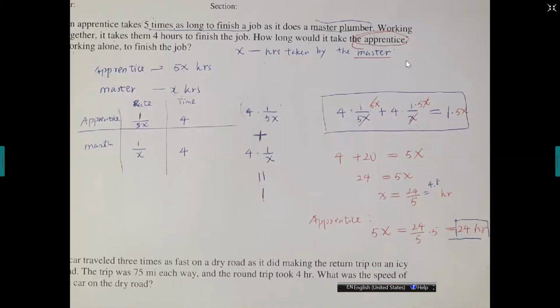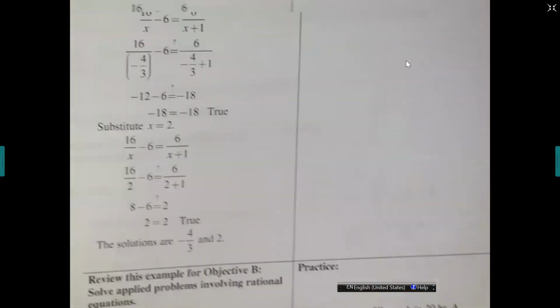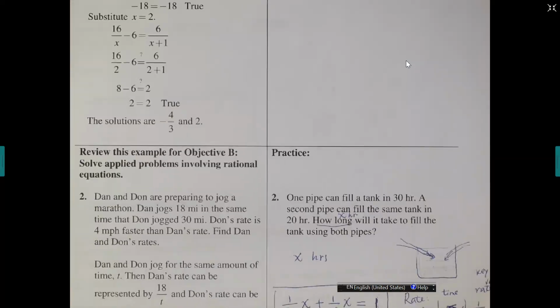This is a very typical problem, we call this a job problem. On the practice sheet, or if you try the textbook homework, you might see some other word problems, and just try to follow the same approach. I cannot give you all possible problems. They're all about different things, the travel problem, or maybe some number problem.